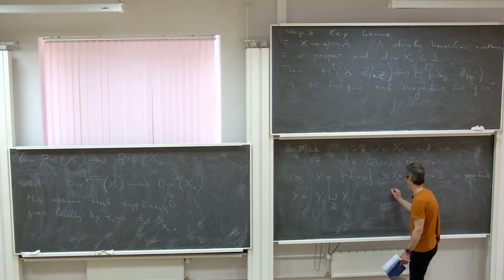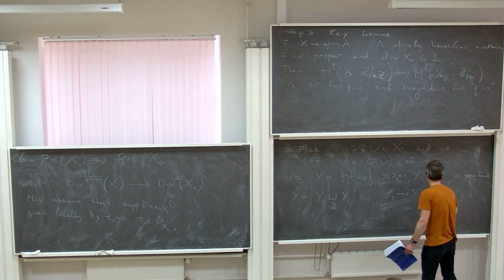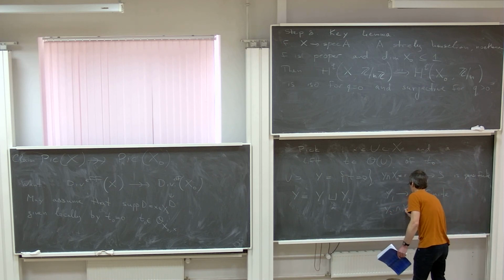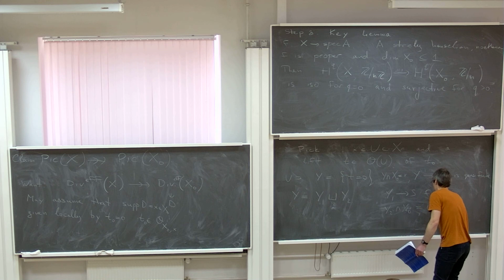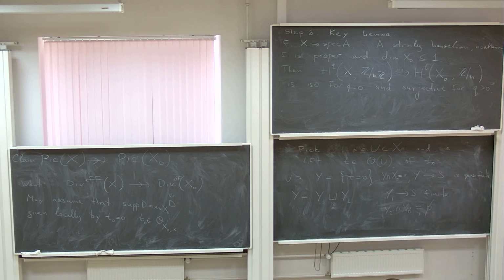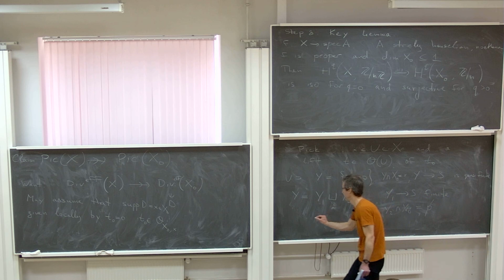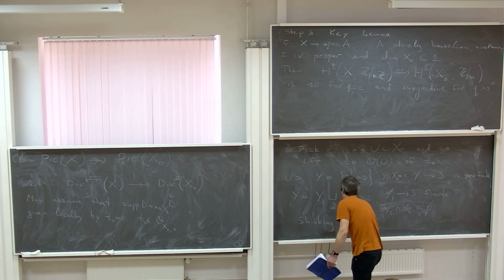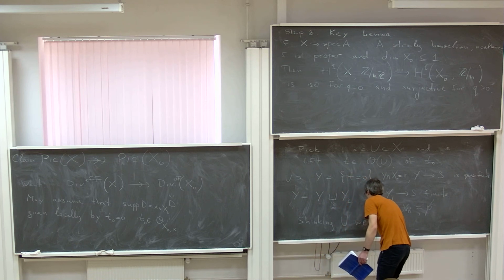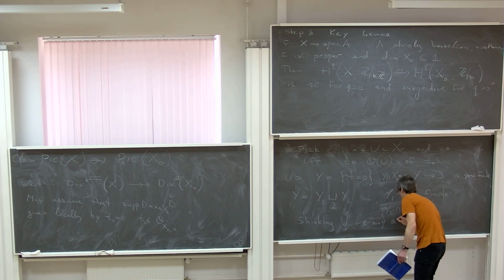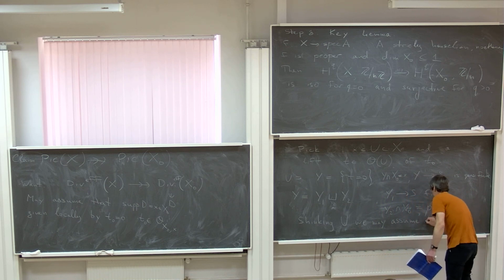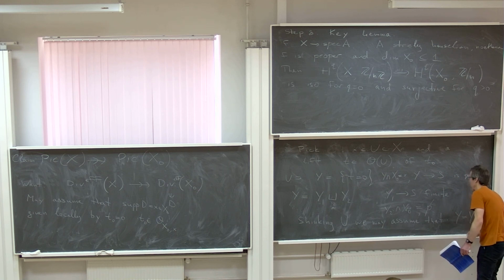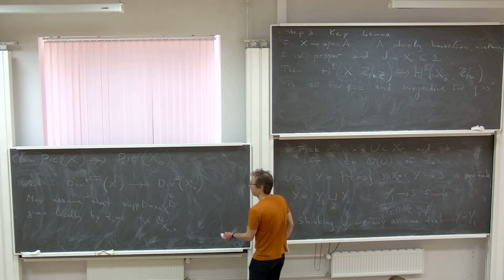Then Y1 is finite, and Y2 does not intersect X0. Now shrinking U, we may assume that Y is equal to Y1. And we are done.